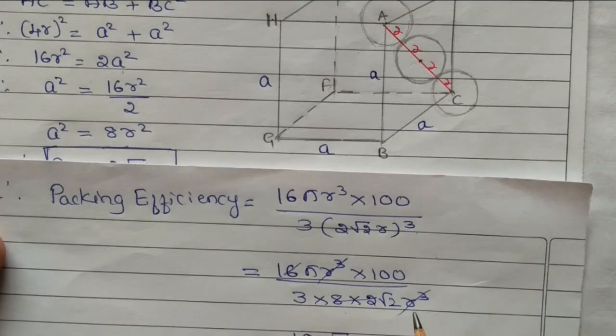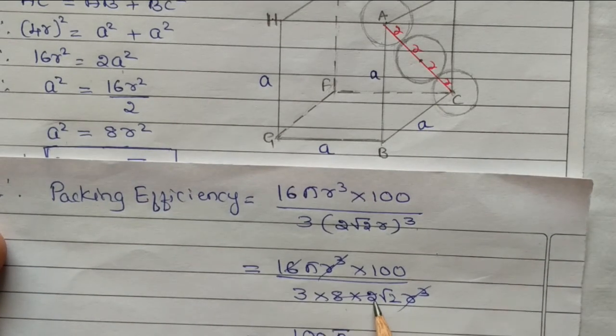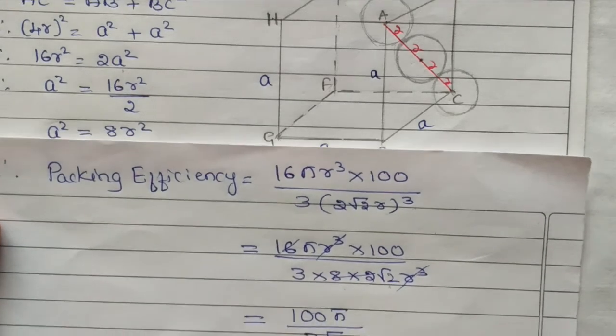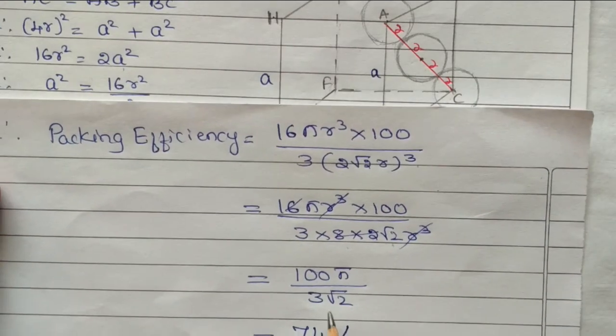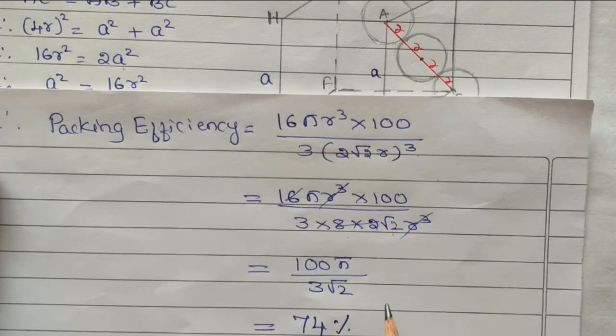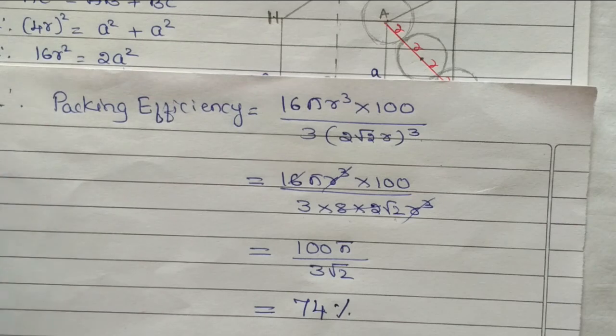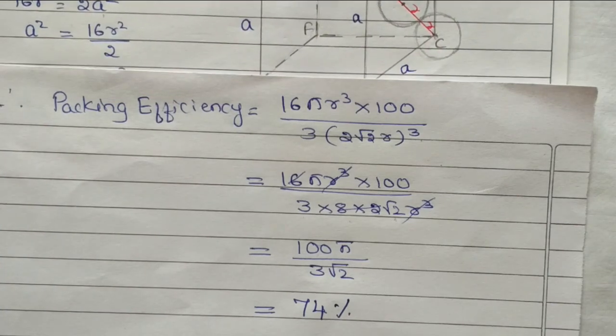So 8 into 2 is 16, and this 16 cancels, r cube cancels. In the numerator, 100 pi is left; in the denominator, 3 into root 2. That becomes 100 pi by 3 root 2. The final answer becomes 74%.